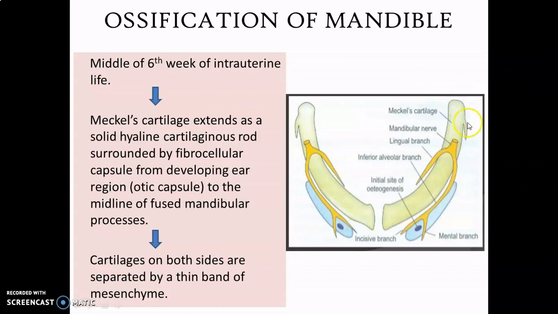Now let's see how ossification of the mandible progresses. By the middle of the 6th week of intrauterine life, Meckel's cartilage extends as a solid hyaline cartilaginous rod from the developing ear region to the midline of the mandibular arch, as you can see here. And this cartilage, Meckel's cartilage on either side, is separated at the midline by a thin band of mesenchyme.